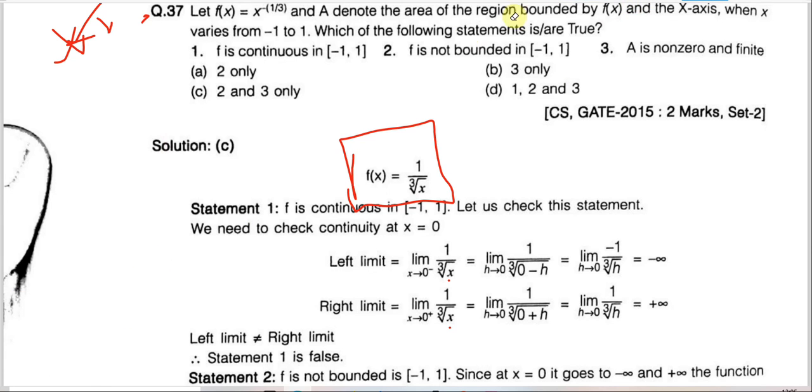Its graph will be like this: at x equal to 0 plus it will be plus infinity, and at 0 minus, minus infinity. So this and this. It will be like that.